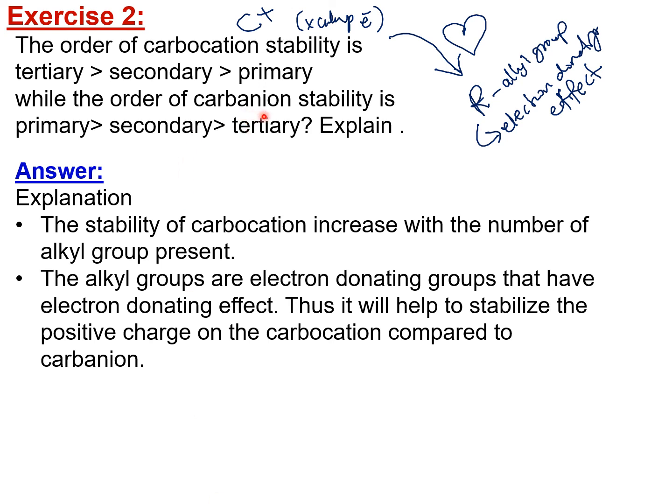Tapi carbanion ni terhasil daripada heterolytic cleavage bila dia berpasangan dengan less electronegative atom. So dia akan dapat 2 elektron bila dia buat bond breaking. So carbanion ni dia adalah C minus sebab dia terima 2 elektron bila dia buat bond breaking. So dia macam terlebih elektron sudah.